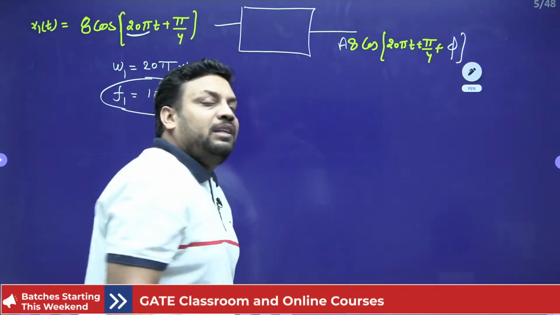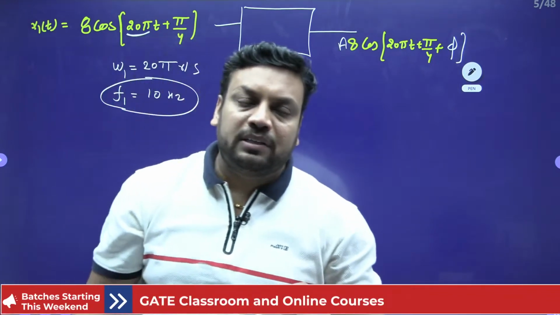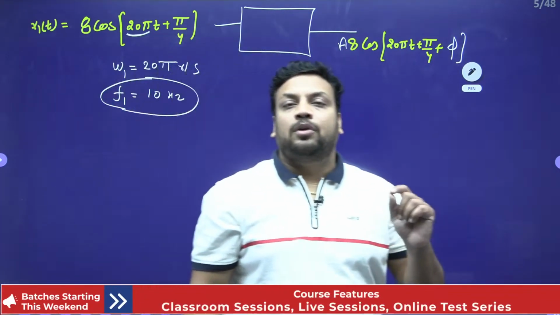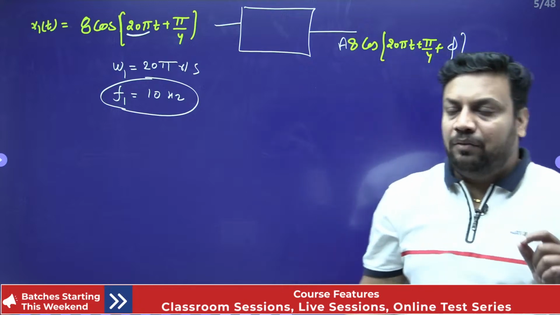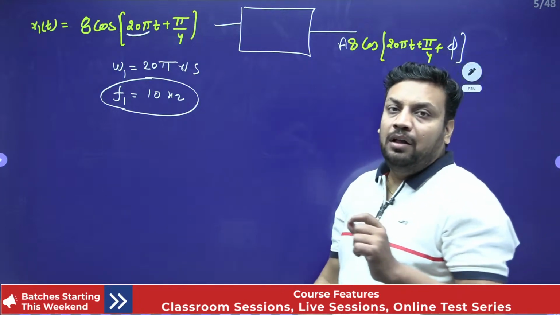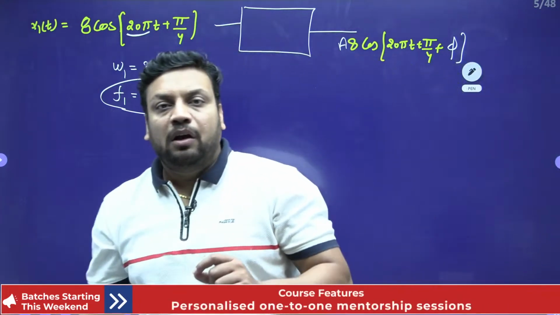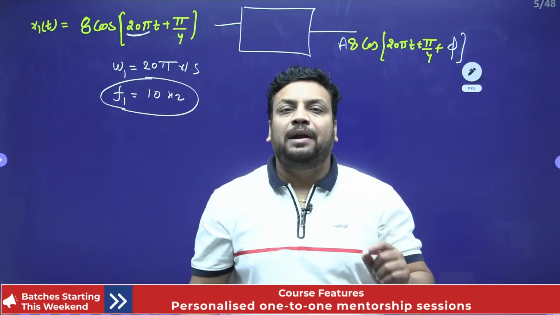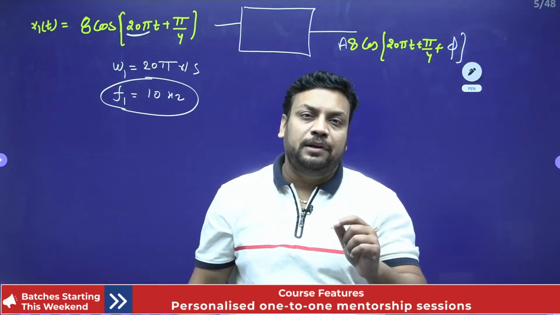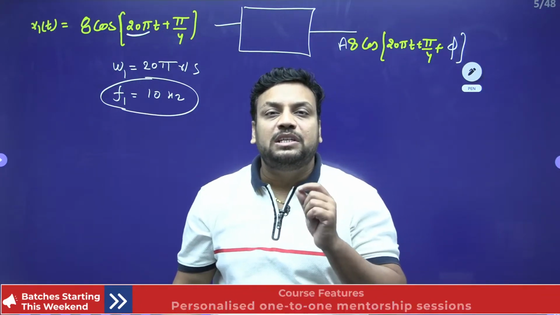Now tell me one thing: as far as power calculation is concerned, we are looking for the power of the output signal, and to generate the output we know that power depends only on the magnitude or amplitude. It does not depend on the shifting factor.